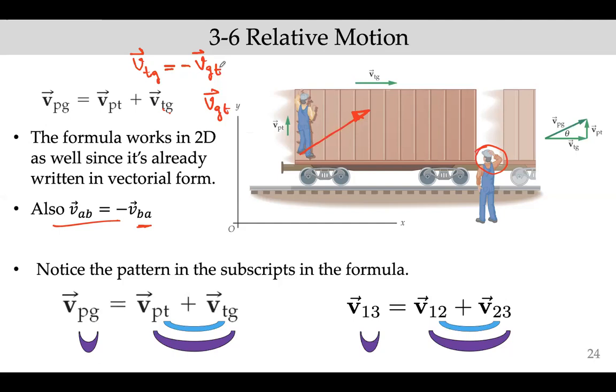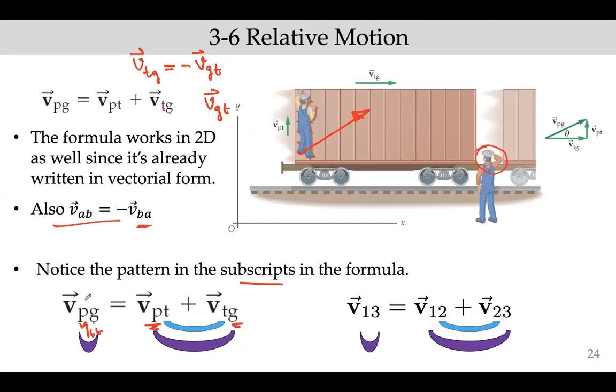Okay, and finally, also notice the pattern in the subscripts or the indices in the formulas. You have PG, so P goes here, and G goes here, and then between P and G, you get two T's.